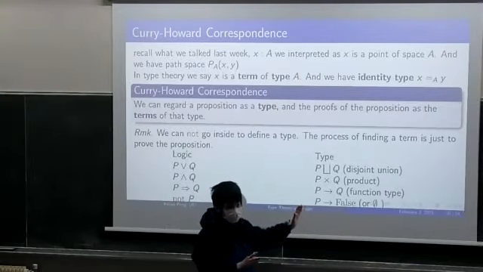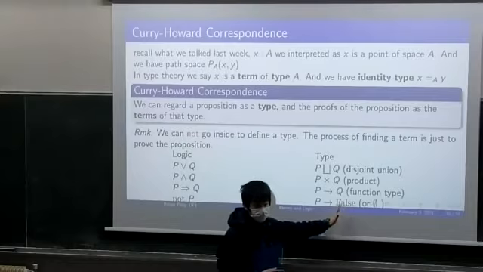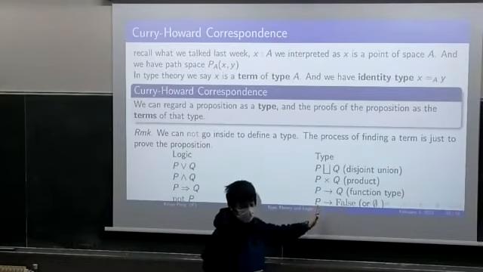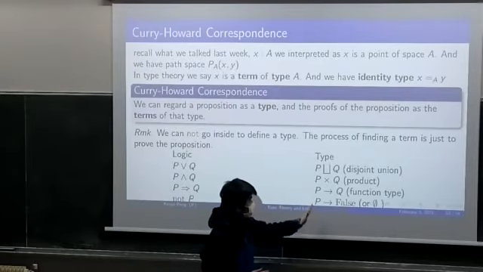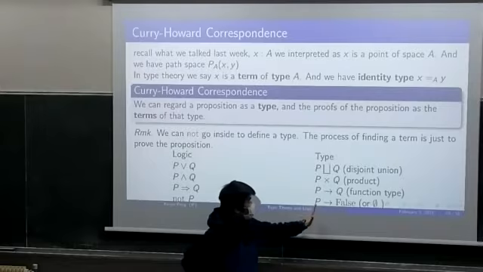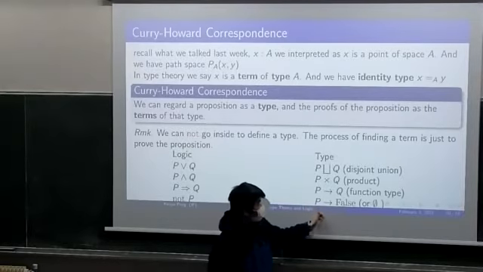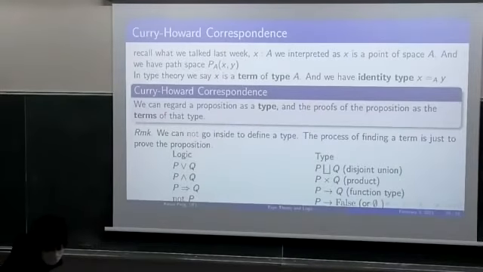A set is empty as long as it has a map to the empty set, right? We cannot find a map from a non-empty set to an empty set. So the evidence that P is empty is just a function from P to the empty type.